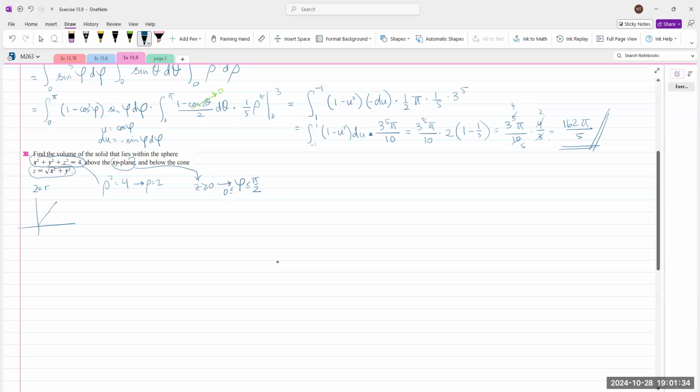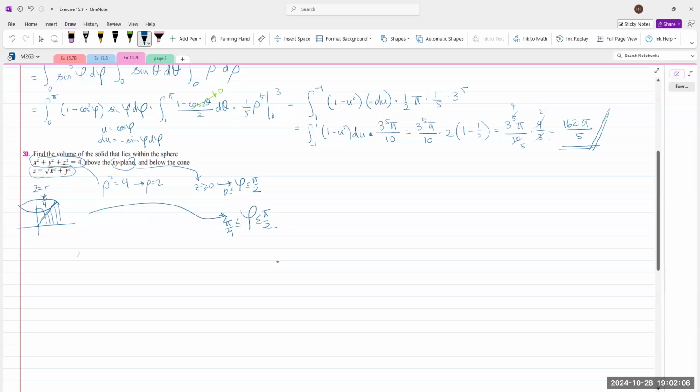Below that cone. So this part here, above the xy plane, below the cone. Oh, but that angle is 45 degrees. This is pi over 4. Now I can update my phi, it becomes from pi over 4 to pi over 2.